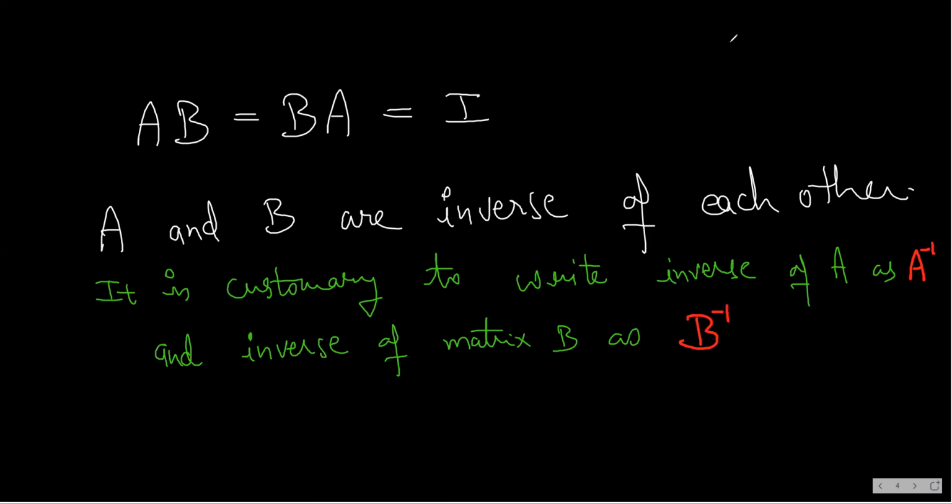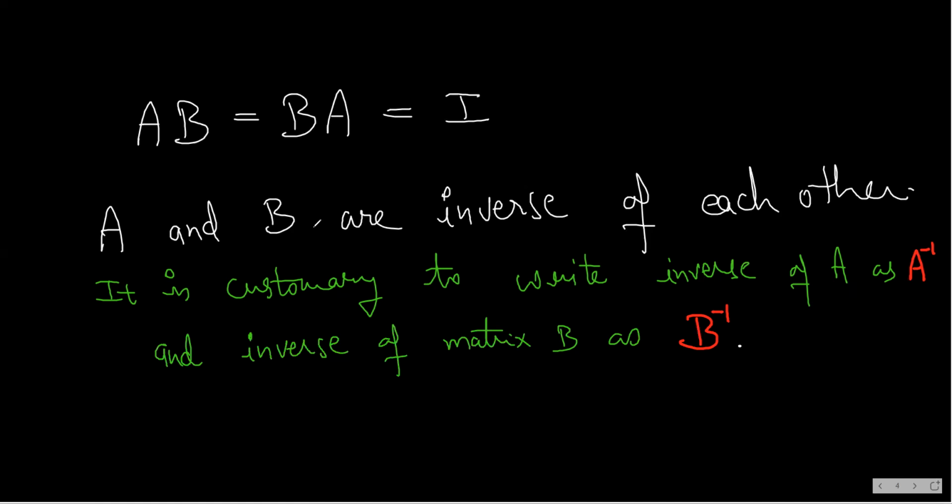This is customary. That is, it is being followed. So how do I write the inverse of matrix A? I will write it like this. And how do I write the inverse of matrix B? I will write it like this.